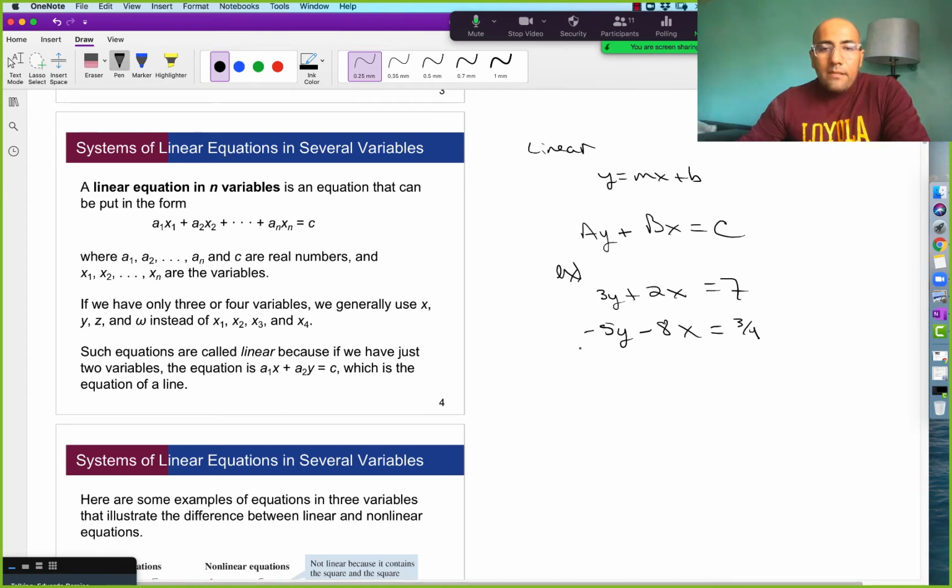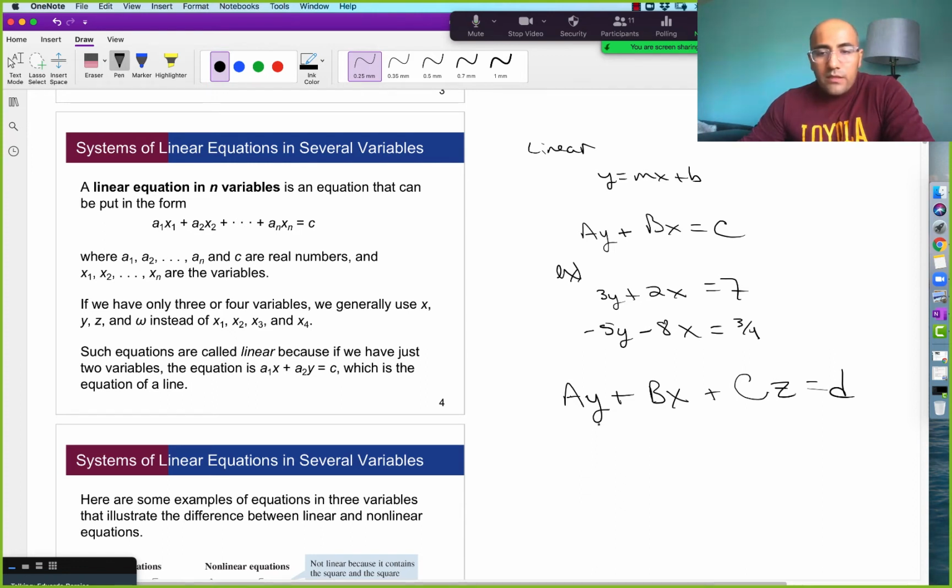But as we move forward and we want three variables, the third letter that we would introduce is very often a z. So we could rewrite it this way. In three variables, we have Ay plus Bx, and then we need another constant in front of the z equals another constant. So this is a linear equation involving three variables.